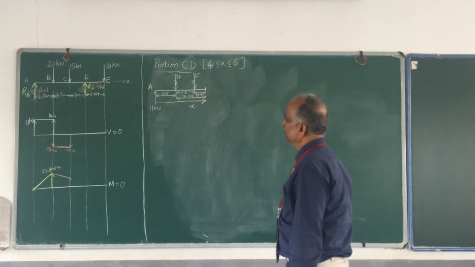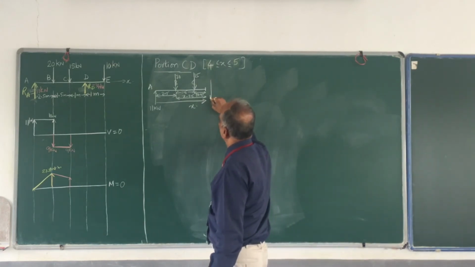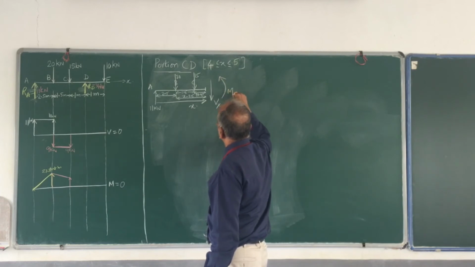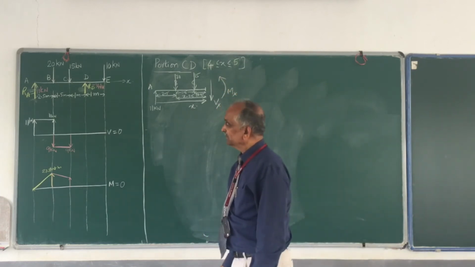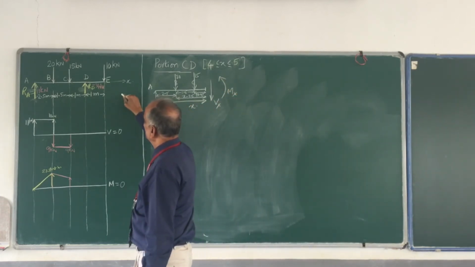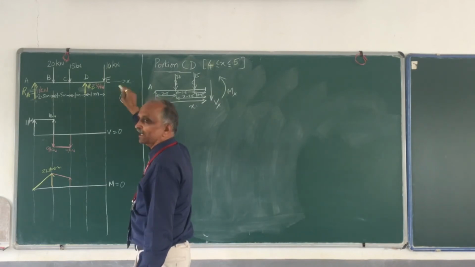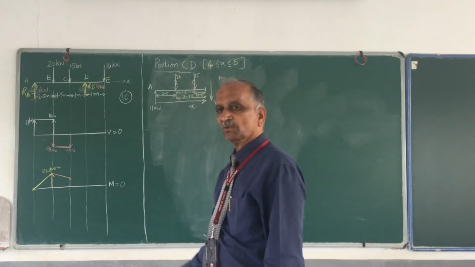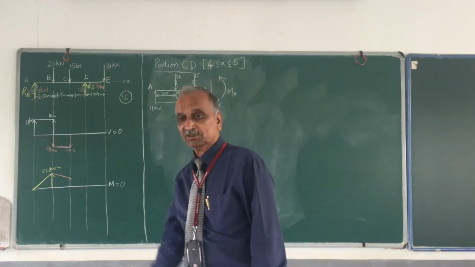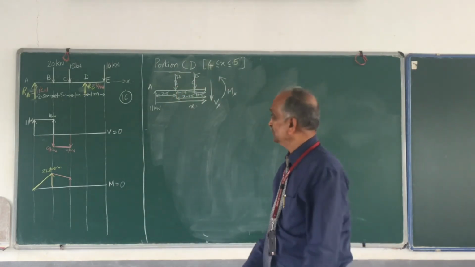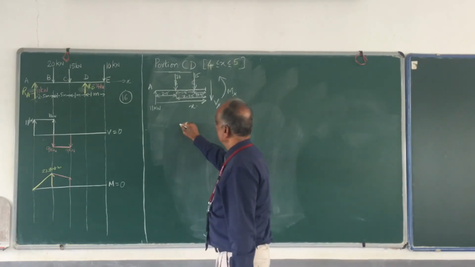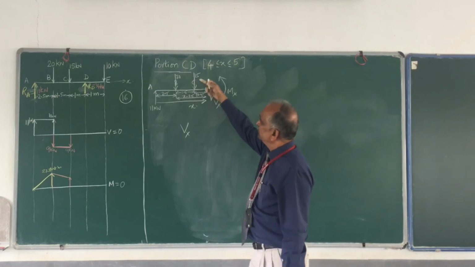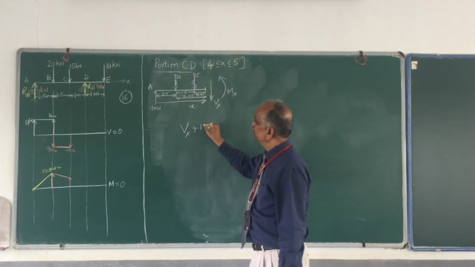Now what is the shear force? Positive Vx, bending moment like this. Very simple. The question paper pattern is each question carries 16 marks, and what we are solving is a 16 marks question. Vx, start with downwards positive. You have 15, that also is positive.